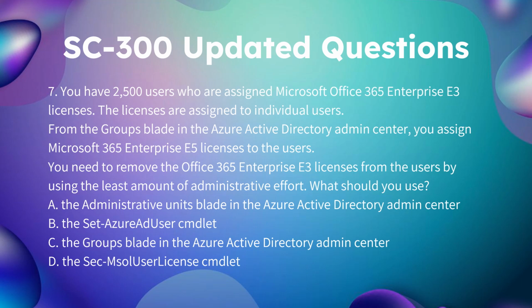You need to remove the Office 365 Enterprise E3 licenses from the users by using the least amount of administrative effort. What should you use? A. The Administrative units blade in the Azure Active Directory Admin Center. B. The Set-AzureADUser cmdlet. C. The Groups blade in the Azure Active Directory Admin Center. D. The Set-MsolUserLicense cmdlet.